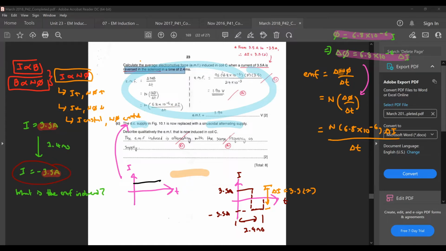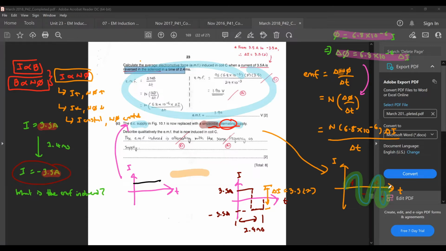When you have a sinusoidal alternating supply, your graph of current versus time looks like this. You'll notice that your current keeps changing direction because you have positive and negative throughout as time keeps running. And when it is sinusoidal, it just means that the variation of current is curved like this.